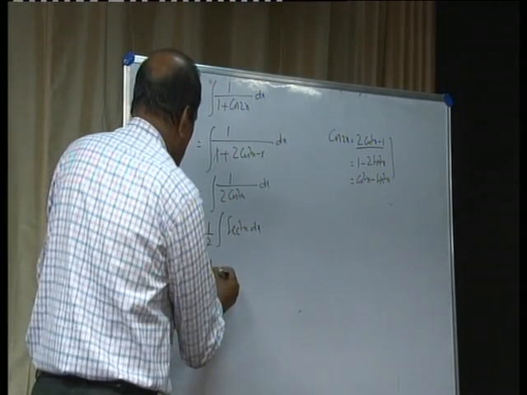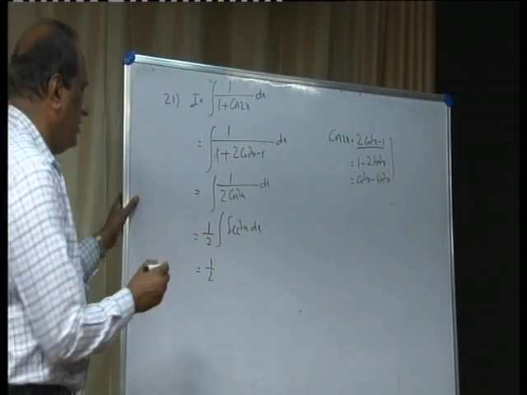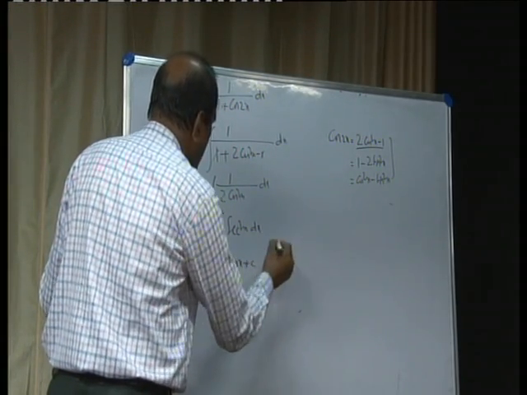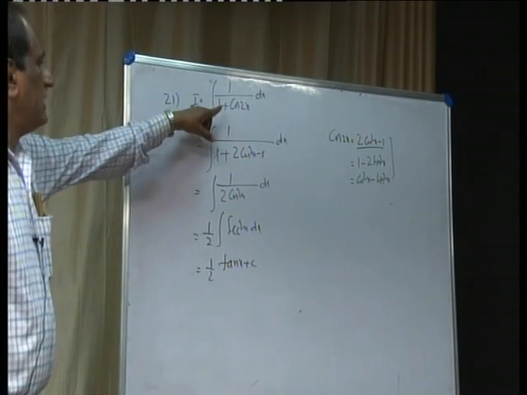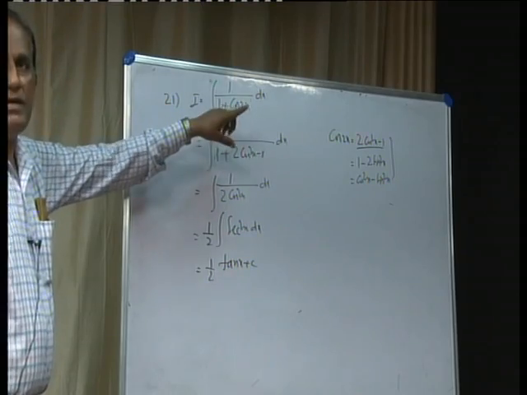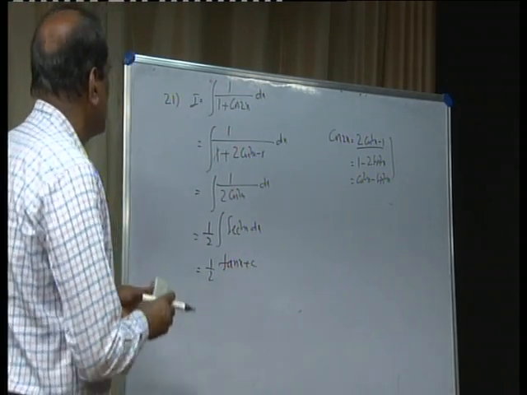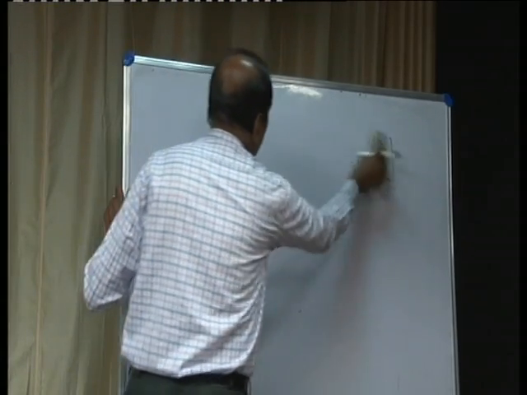That is equal to half into secant square x dx integration, which is tan x plus c. So, this is also a basic problem. Multiple angle is there in the denominator in the last problem, and multiple angle is in the root sign in the one before. So, the last problems are of basic type.